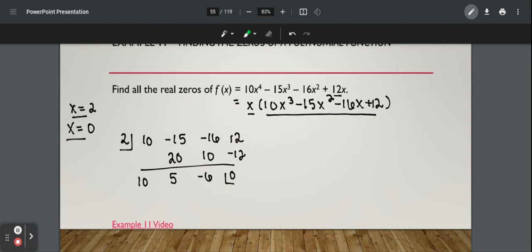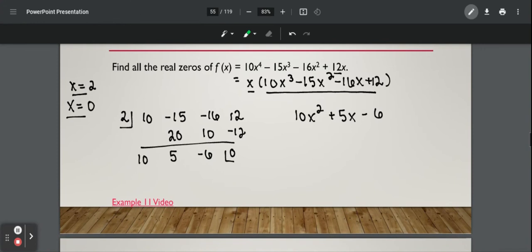So finding all the zeros, we have 2, 0, and then we also have this quadratic 10x squared plus 5x minus 6. And if you were to graph that again, you would get a parabola and it still has these decimal zeros. So what we have to do to find the zeros is quad form.